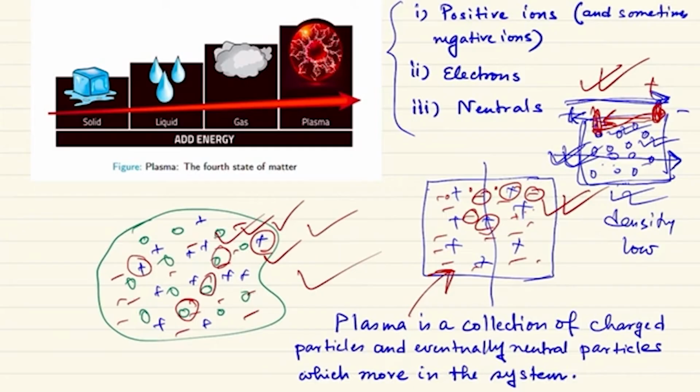Now whenever we are talking about this type of system, we have to also keep in mind that we are talking about giving energy. Here the electric field is giving the energy for the ionization, there the thermal energy.